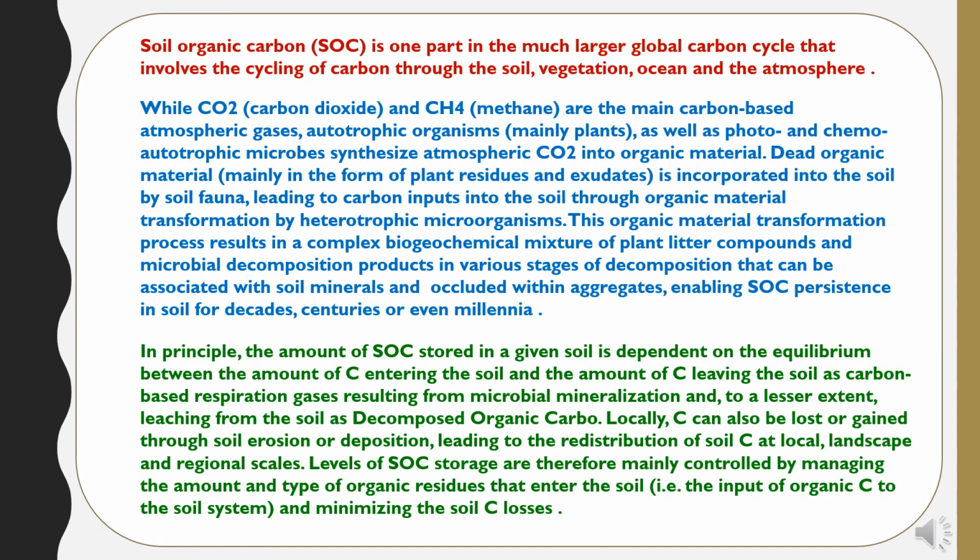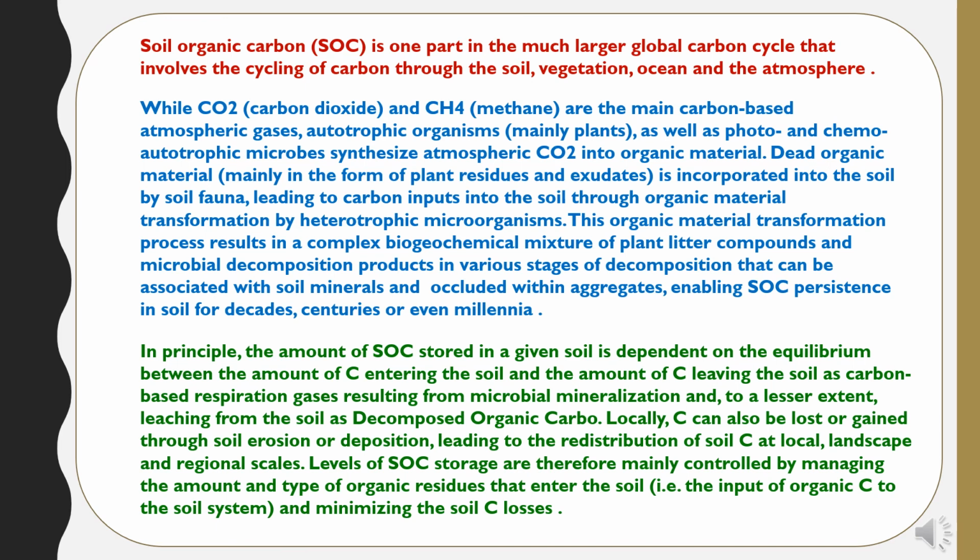Soil organic carbon is one part of the much larger global carbon cycle that involves the cycling of carbon through the soil, vegetation, ocean and the atmosphere. While carbon dioxide and methane are the main carbon-based atmospheric gases, autotrophic organisms, mainly plants, as well as photo- and chemoautotrophic microbes, synthesize atmospheric carbon dioxide into organic material.